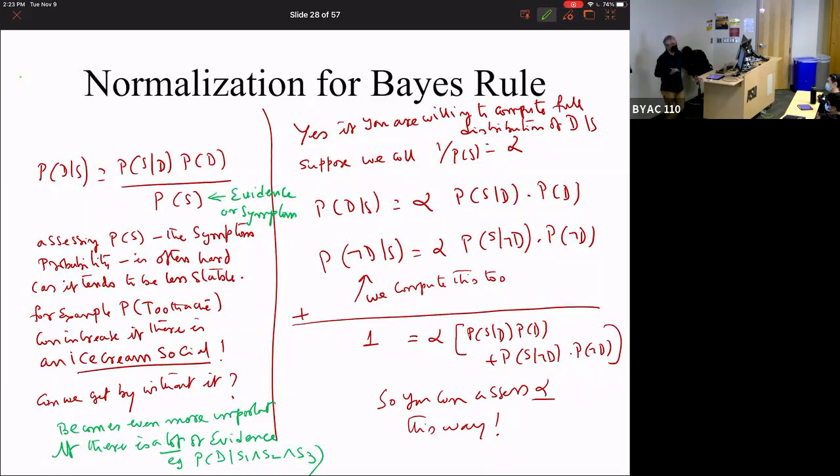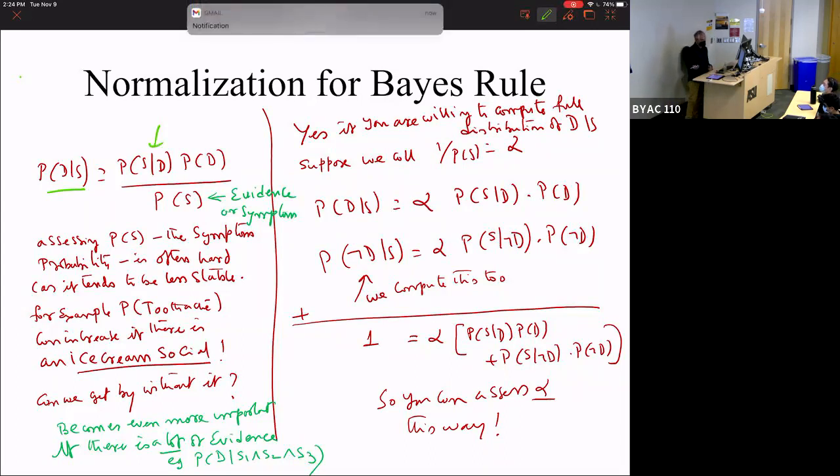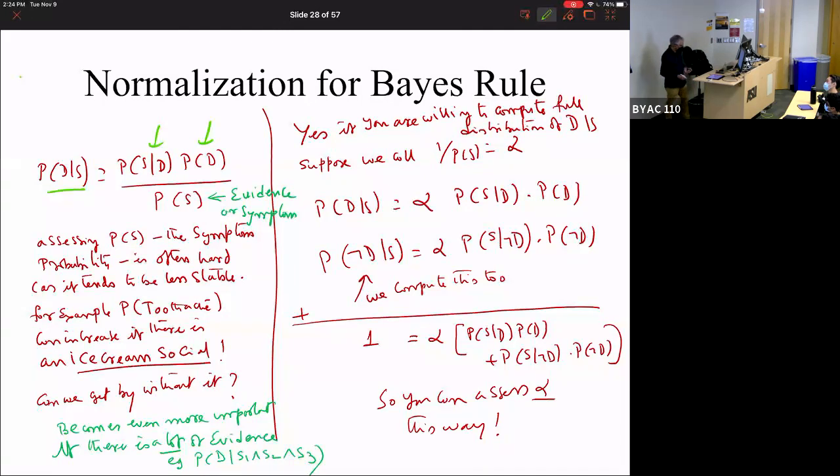Remember, P(disease given symptom) is P(symptom given disease) times P(disease) by P(symptom). You could get the first one, because textbooks will tell you how to get this. P(disease), the prior probability of disease, you can also get that. It's much harder to get P(symptom).